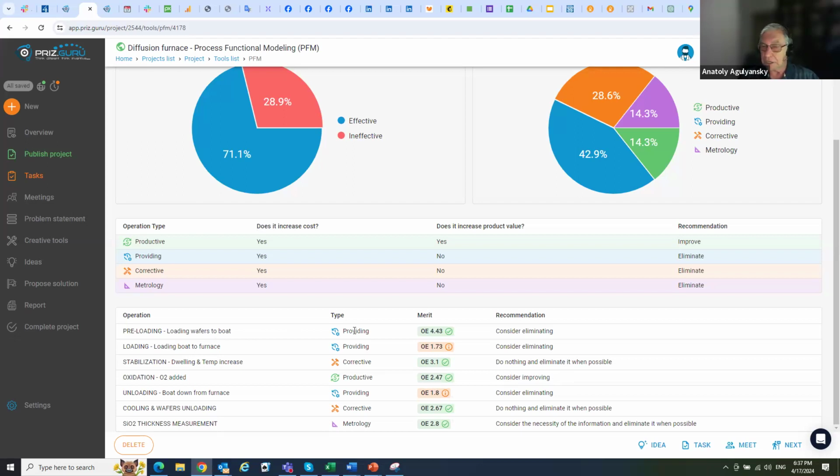It doesn't make any sense. We don't need to improve the process of how we mark the place where we need to drill a hole, for instance. No, we should improve the process of drilling. We should improve the process of oxidation and not providing.